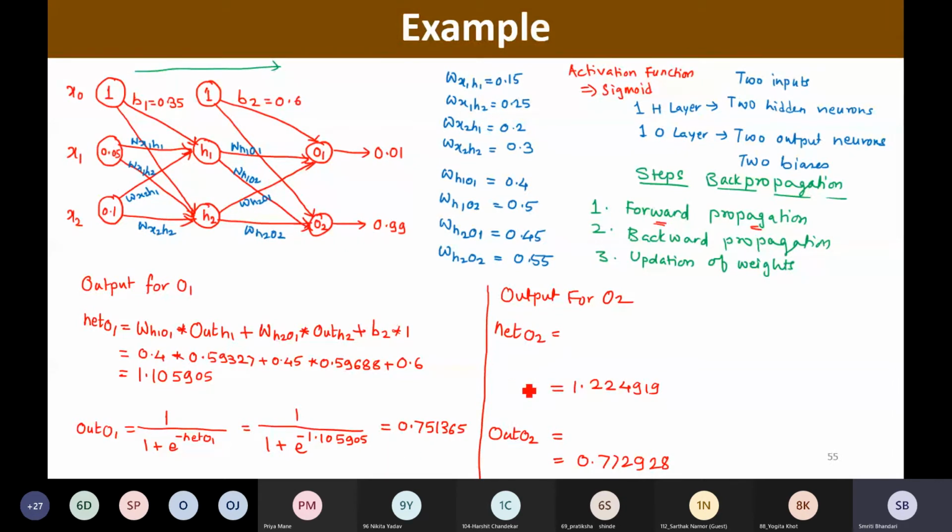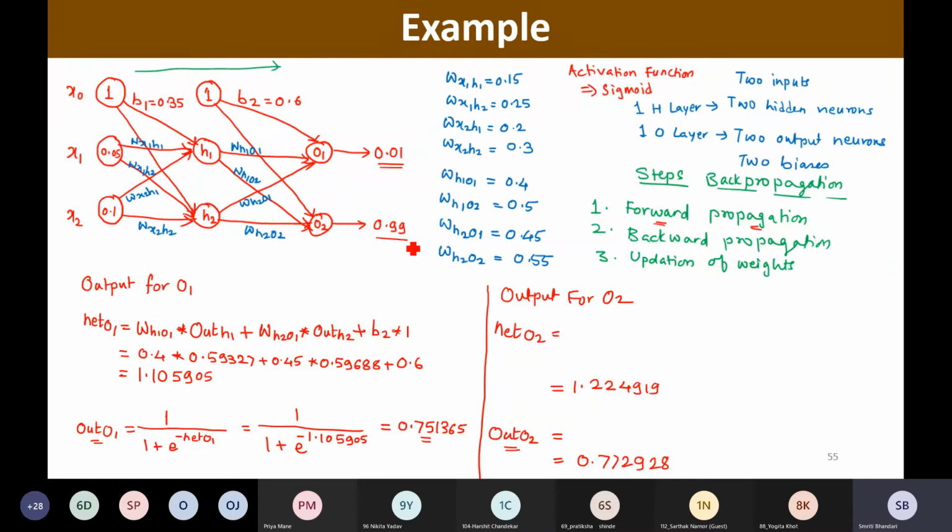Right? So this is the output of O2 and output of O1 is this. Correct? Now, what we are going to do is, see here, the actual outputs we know. So the actual output of O1 is 0.01 and actual output of O2 is 0.99.